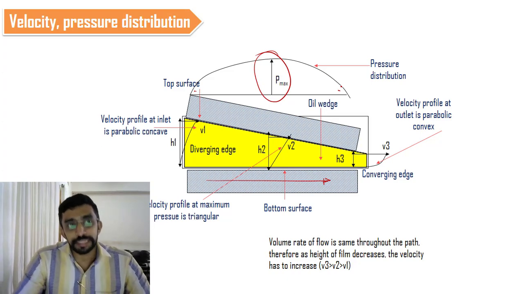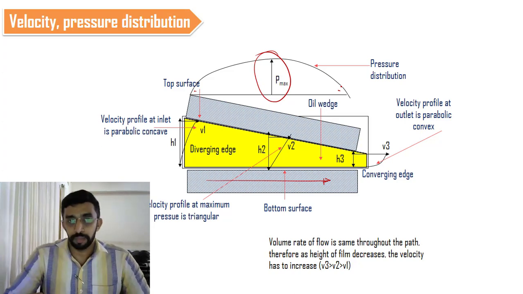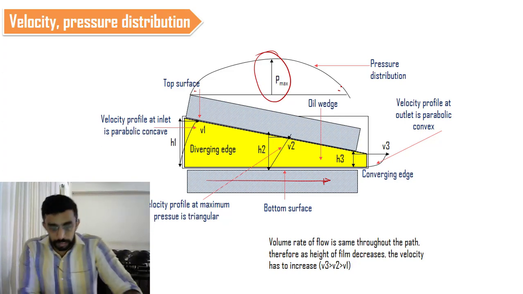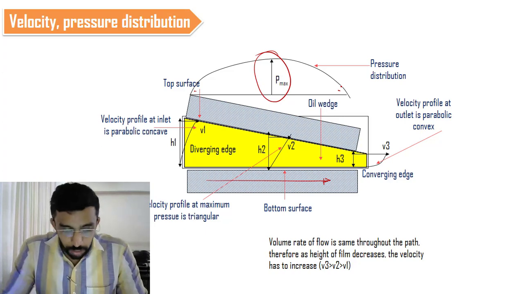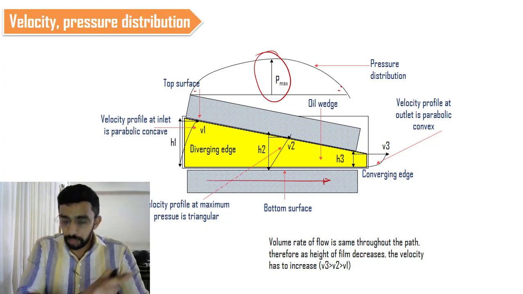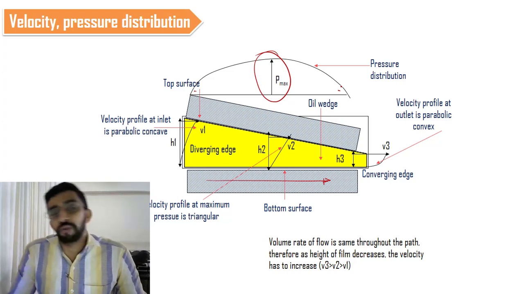This is the basic velocity distribution and pressure distribution in a wedge. This principle is used in the journal bearing, but not exactly like this. This may not be the shape. Just keep in mind that we are talking about the wedge. Wedge is the only thing we have to keep in mind: the wedging effect of the oil.